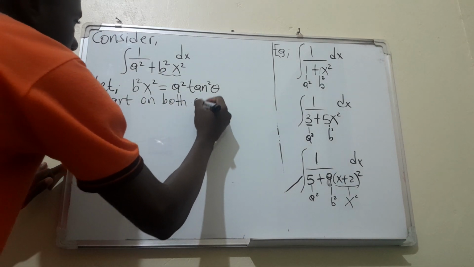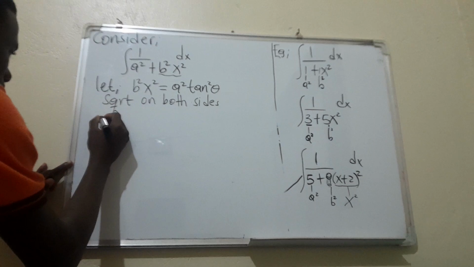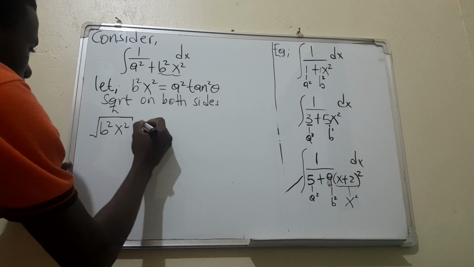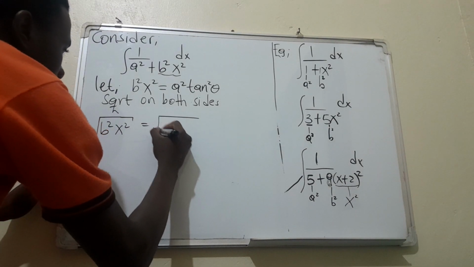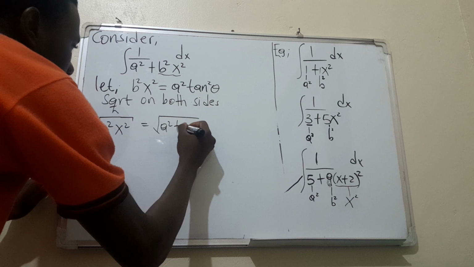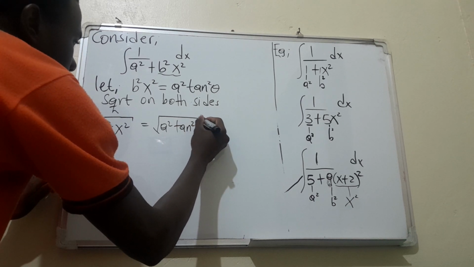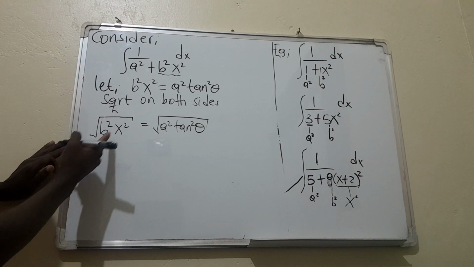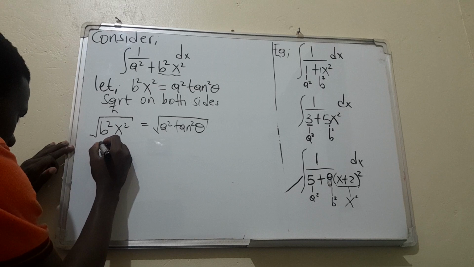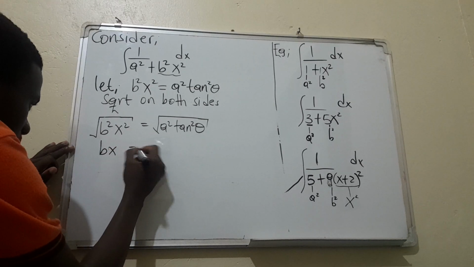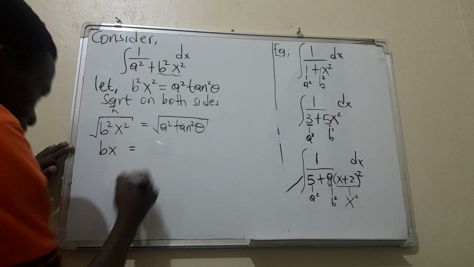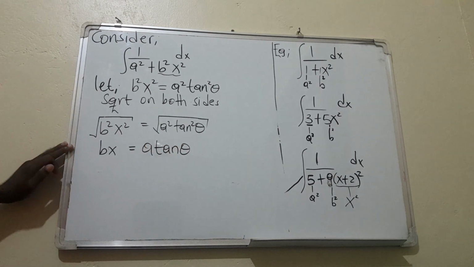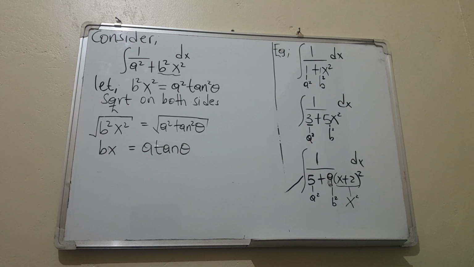So we shall have square root of b squared x squared equal to square root of a squared tan squared theta. This one will go out with that, so on this side we shall have bx equal to a tan theta.